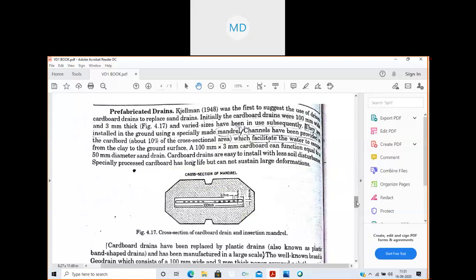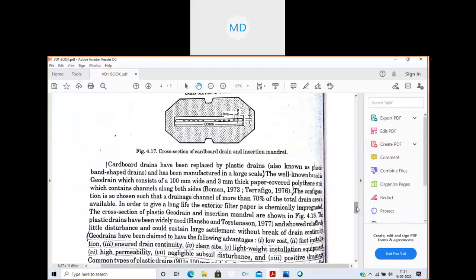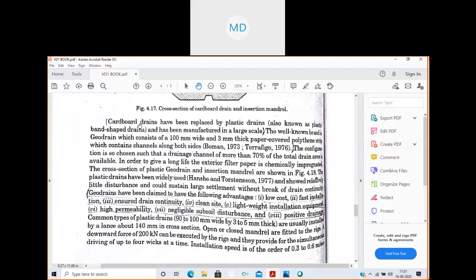Nowadays, geomembrane fibers are generally used. These are also porous. So cardboard drains have been replaced by plastic drains, and then geodrains.